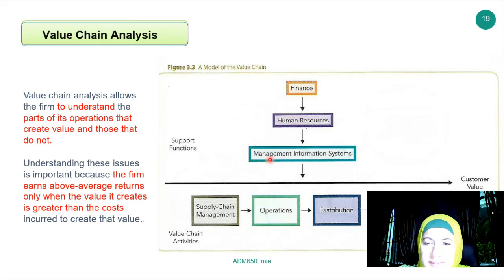So by understanding this issue, the firm can plan by knowing which area influences customer value, which will help the firm to earn above average return. Above average return happens when the value that it creates is greater than the cost incurred in order to create that value.